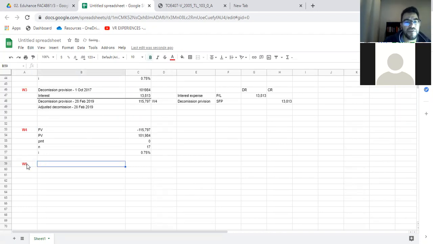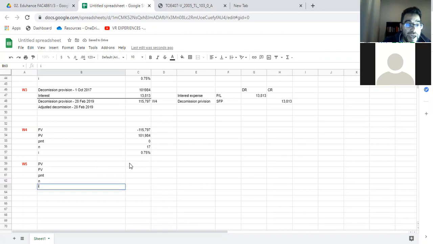Working 5, once again: we know in 2 years' time we're going to pay 200,000 Rand. We want the value today. We're going from 2 years to now, going backwards, so we need a present value. We're going to need the future value, PMT, N, and I.